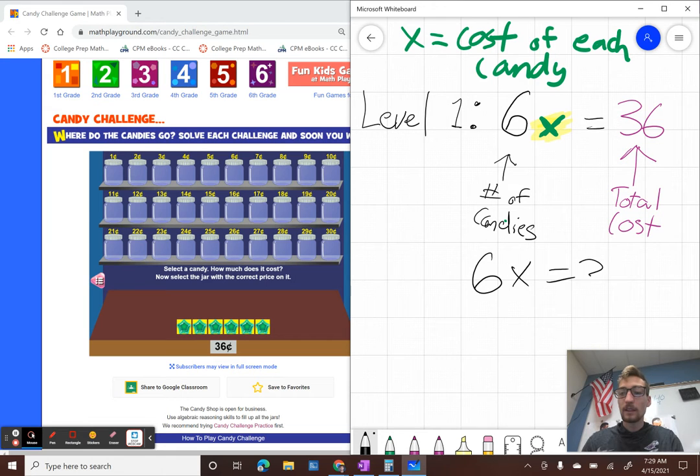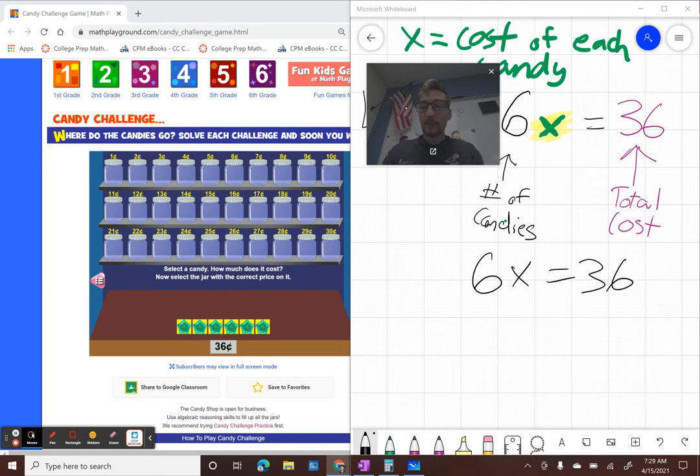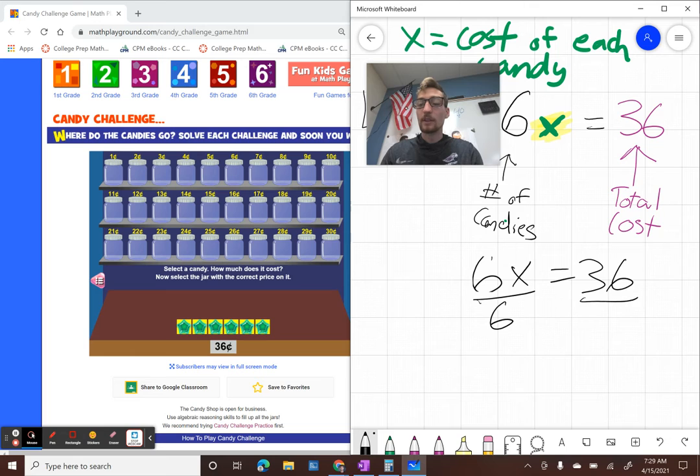6x equals 36. Well, to isolate that variable and figure out what it is, I need to do the opposite of multiplication here, which would be to divide by 6 instead of multiply by 6. So I divide 6x by 6. What I do to one side, I have to do to the other side. And so we see here, 6 and 6 cancel out, or 6 divided by 6 would just give me 1.